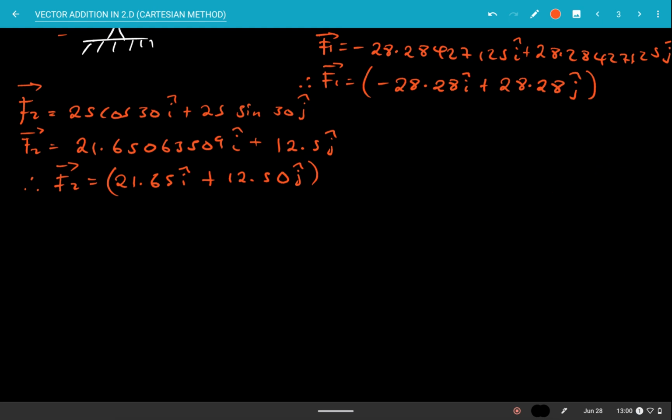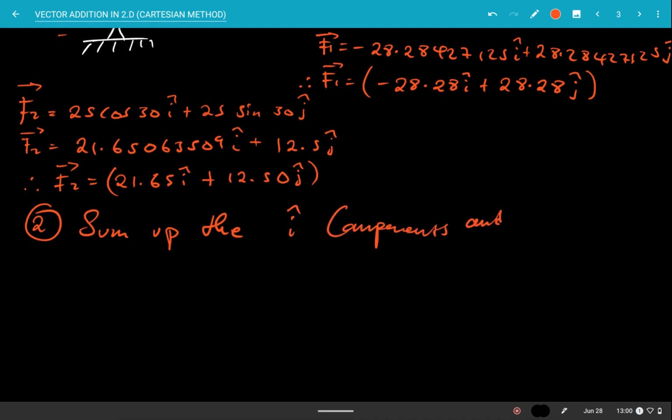All right. Now let's move on to step 2: sum up the I components and J components.